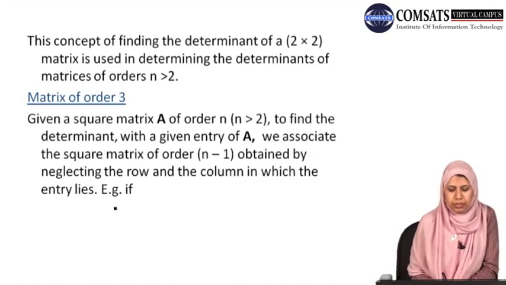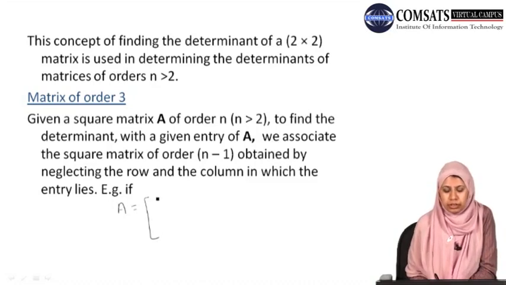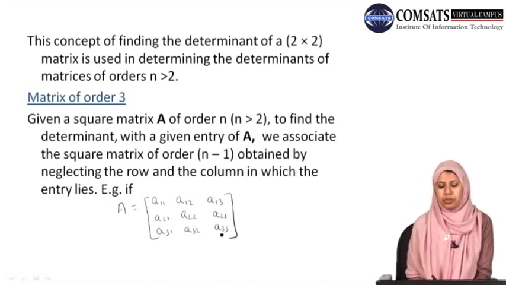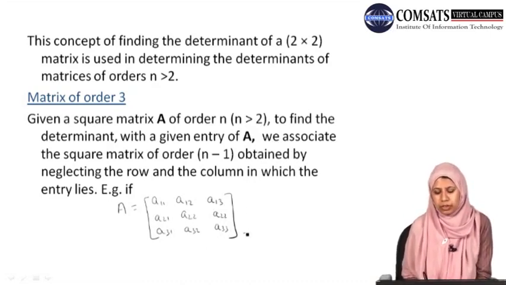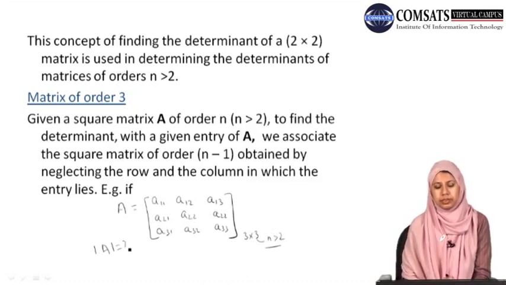For example, we have our matrix A. Our matrix A is of order 3 by 3, that is, the entries A11, A12, A13, A21, A22, A23, A31, A32, A33. Now this is our matrix of order 3 by 3, that is, n is greater than 2, and we want to find the determinant of this matrix.